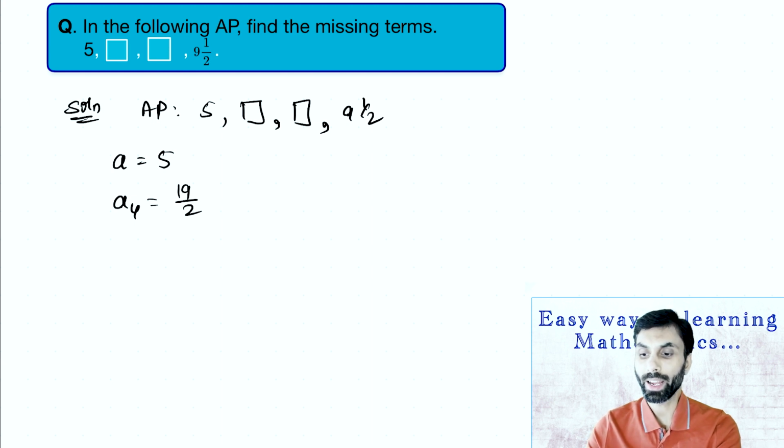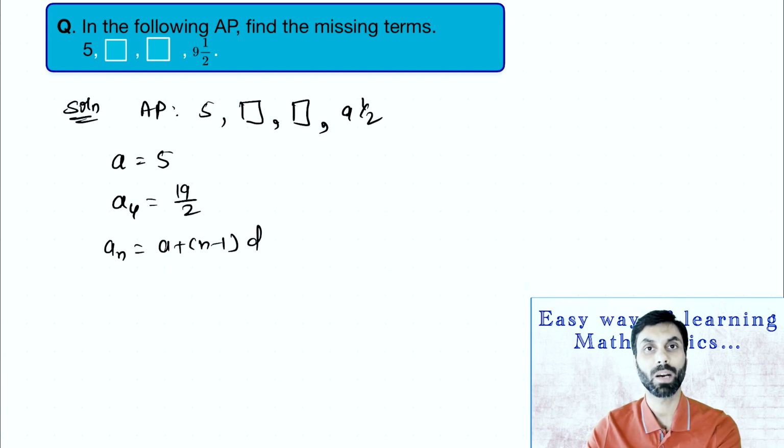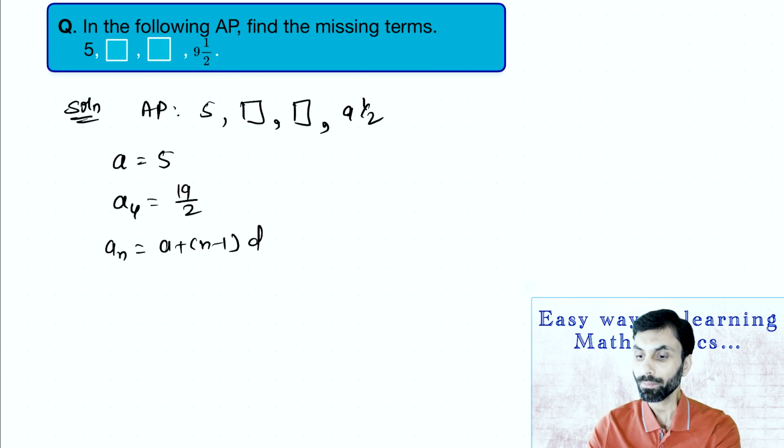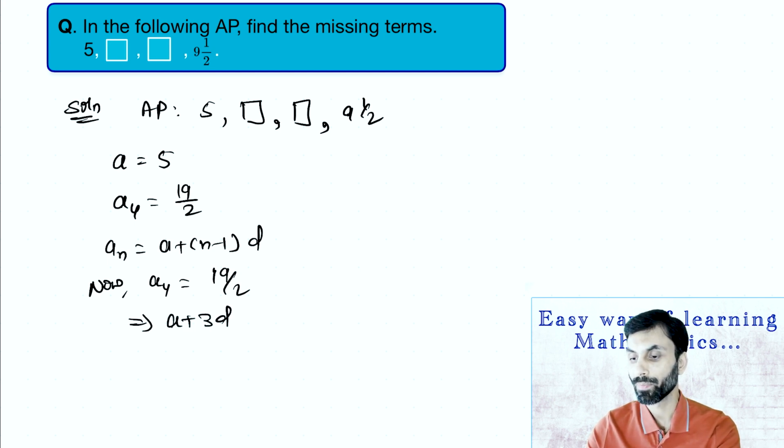Now, if we know the nth term formula, so the nth term is what? It is A plus n minus 1 into D, where A is the first term and D is the common difference. So taking the fourth term, A4 is 19 upon 2. That means A4 we can write as A plus 4 minus 1, that is 3, into D equals 19 upon 2.